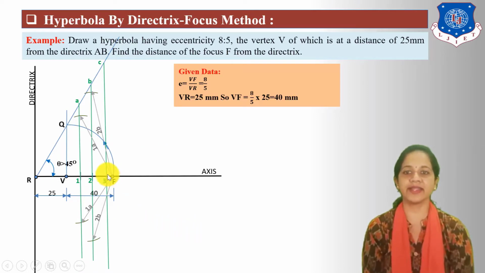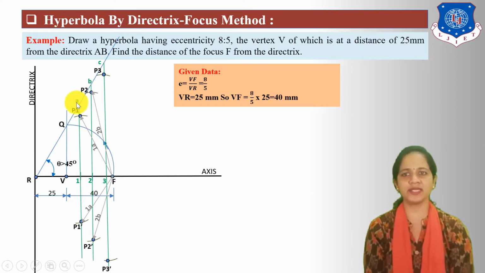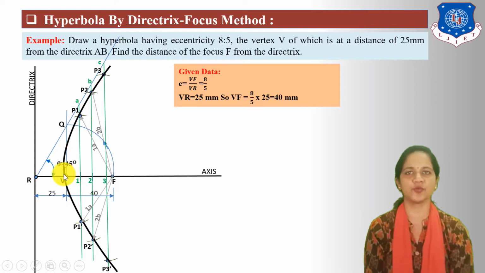Next, take radius 3C, center F and cut 2 arcs on 3C vertical line. Mark here locus points as P1, P1 dash, P2, P2 dash, P3, P3 dash. Join all these locus points in the form of a curve. So this is the hyperbola which is passing through vertex point V.